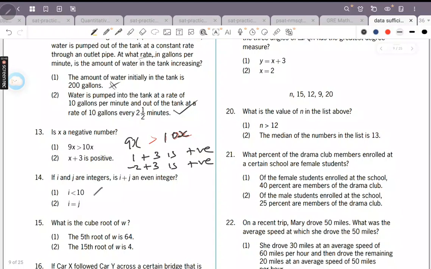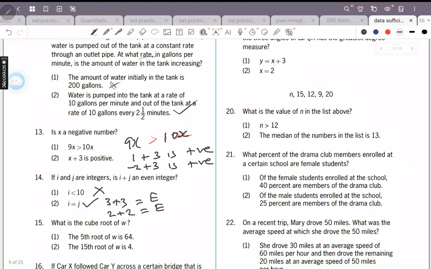So this is not sufficient because it can take several values. If I equals J, let's say 3 plus 3 is even, and even plus even, 2 plus 2 is 4, is also even. So this is sufficient.